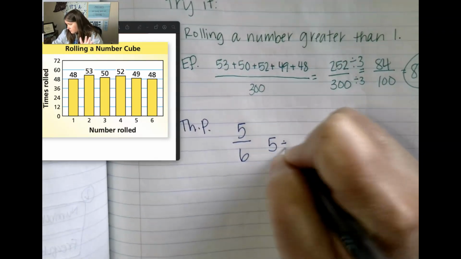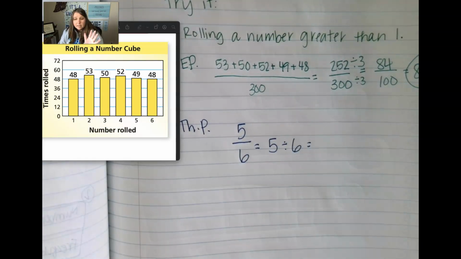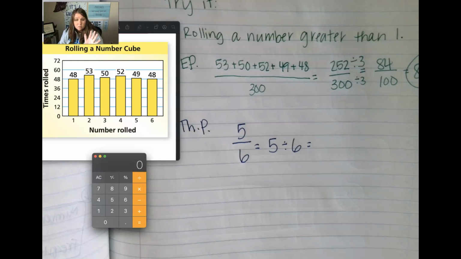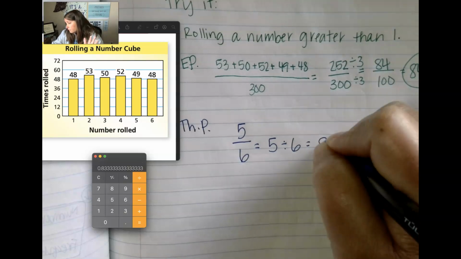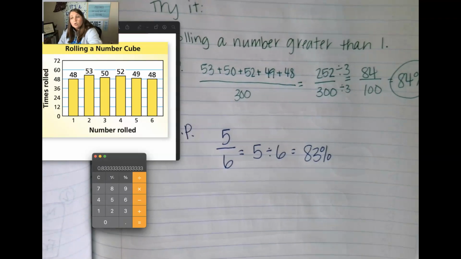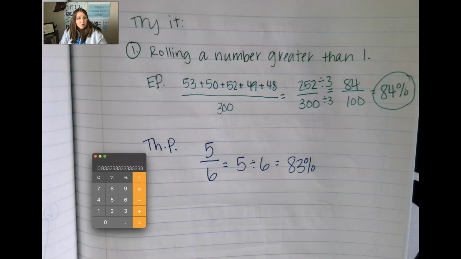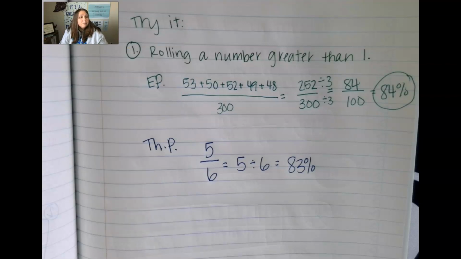So 5 divided by 6 is a total of 83%. Look at that. They are so close. The probabilities are very, very close.